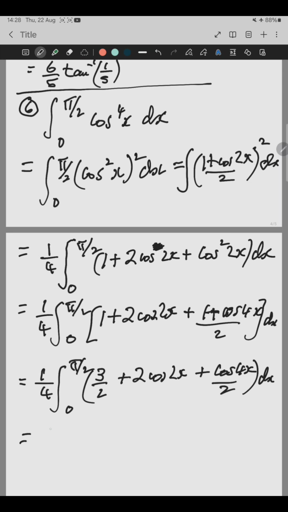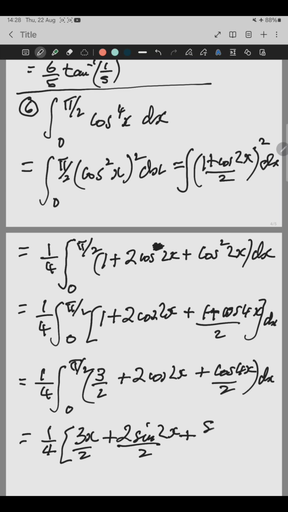So this will be 1/4. Integrating, that's 3x over 2 plus 2 sine 2x over 2 plus sine 4x over 8. The limits pi upon 2 and 0. Then putting in our limits, we get 1/4, 3 upon 2, so there, and then pi upon 2.